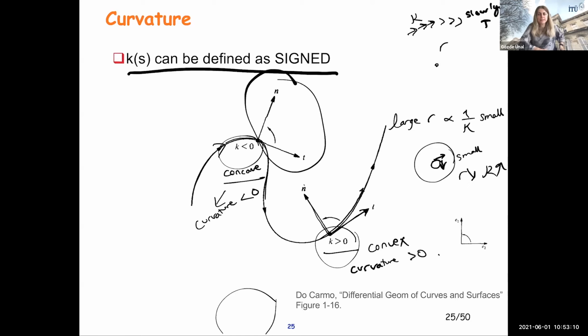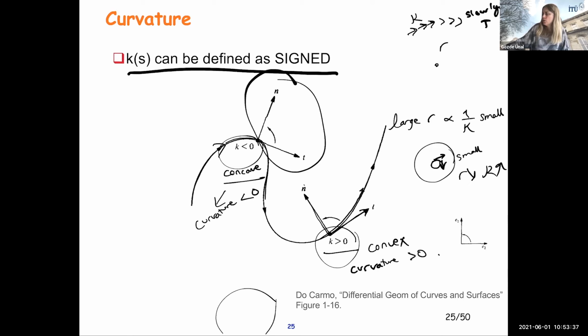That's why we want a differentiable, smooth curve, where the derivative is not zero, so that the tangent can be defined. So tangent is probably the first important vector, and how quickly it changes gives us the curvature, or bending amount, of the curve, right? So that was the curvature.